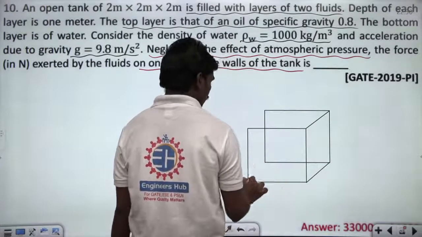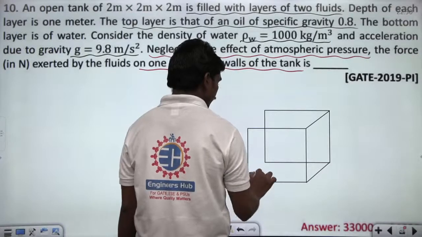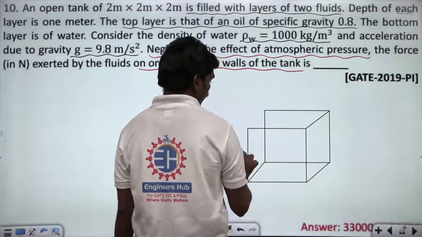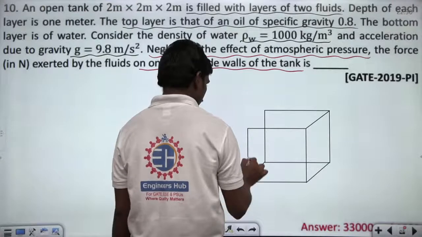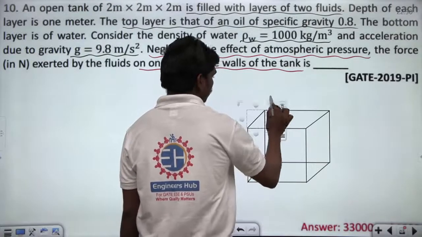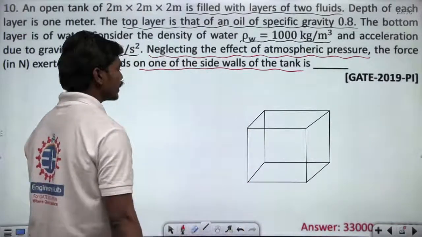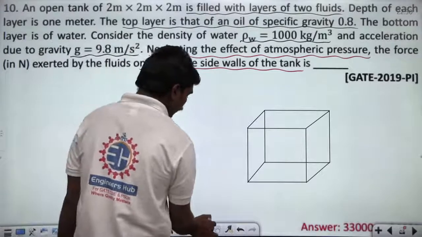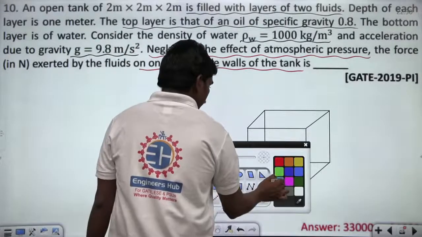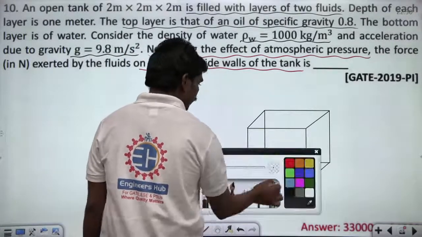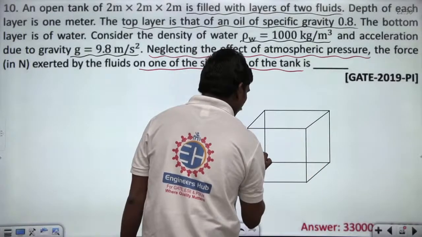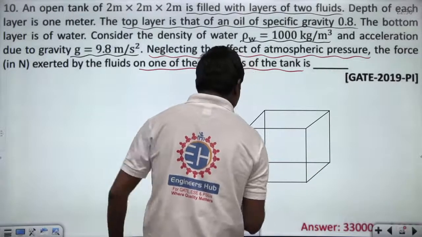Look, so if this is what we have, this is the tank of width 2 meters. So what happened inside this? There is now fluid inside, and there are 2 layers of fluid till the depth of 1 meter.